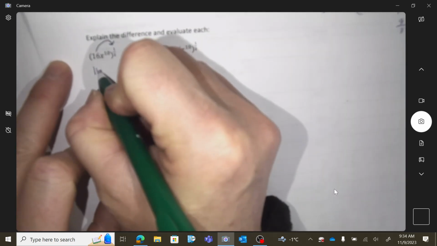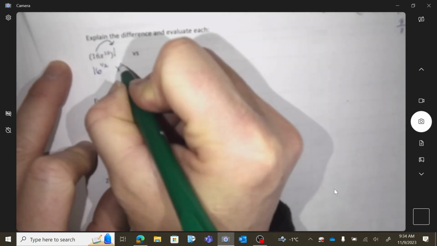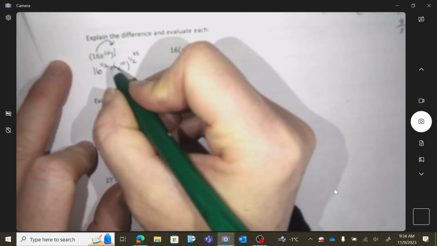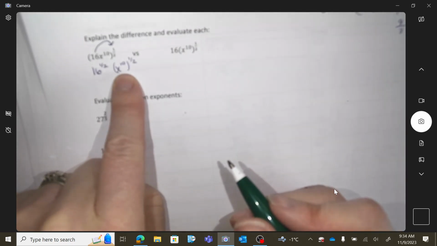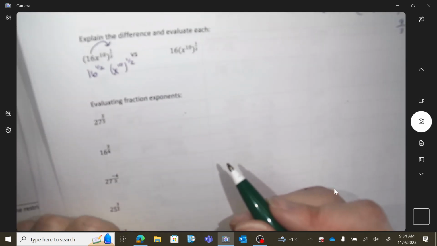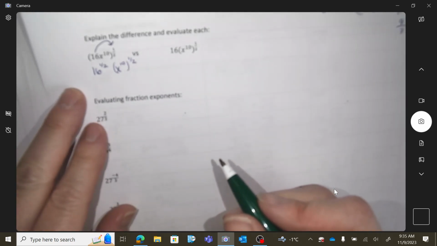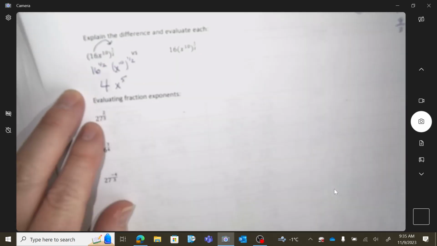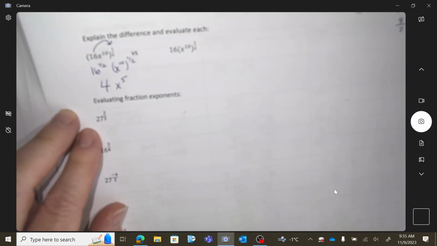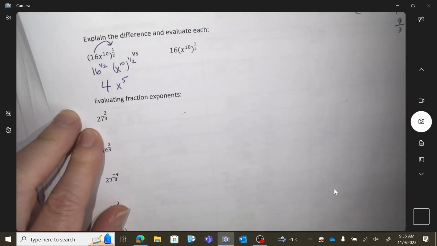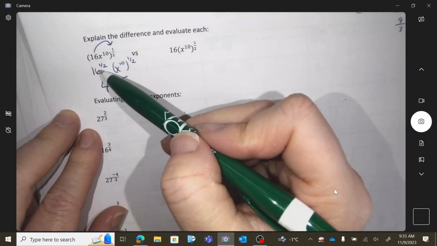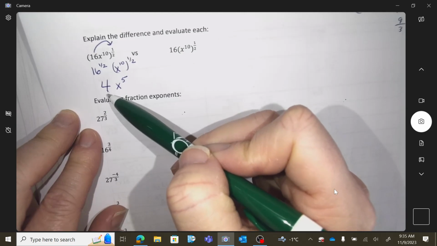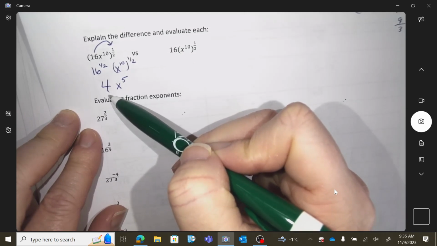So 16 would need that on it, and the exponent would need it on it. So the square root of 16, I'd have to change that to 4.